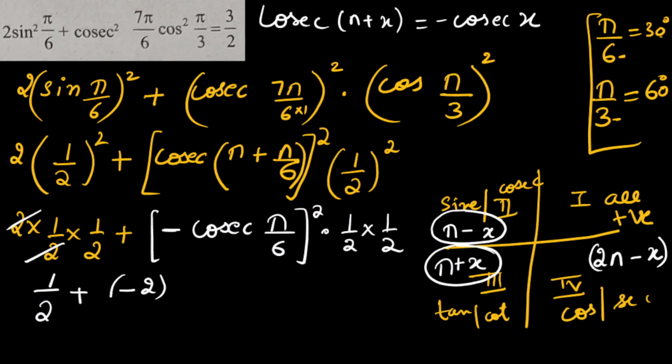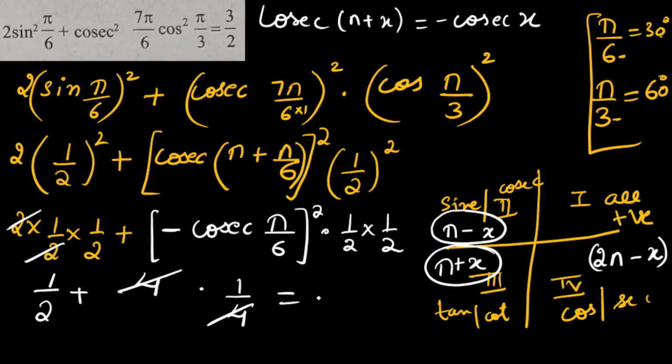So here we have minus 2 squared into 1 by 2 into 1 by 2, which is 1 by 4. If we square minus 2, we get 4, because the square of a negative is always positive: minus 2 into minus 2 is plus 4. So here we get 4 and here we get 4. Now 4 and 4 will get cancelled.